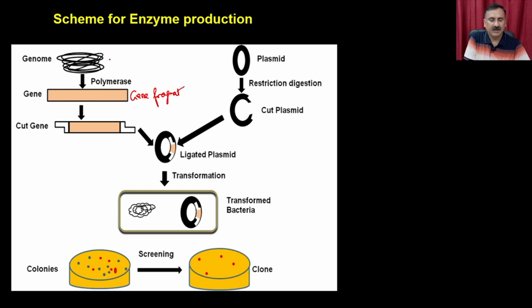This could be by the genomic library approach, or by the cDNA library approach, or you can do PCR. Ultimately, you are going to get the gene fragment. Now this gene fragment has to be digested with the restriction enzymes so that you get the sticky ends.